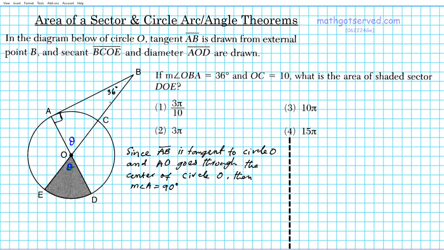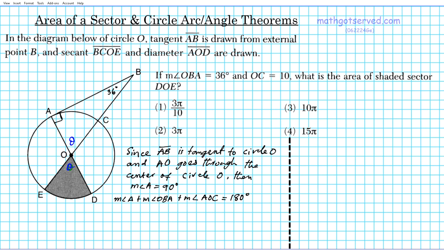Well, we have a triangle with two angles, so we can easily find the third one using the triangle angle sum theorem. So let's write down the formula. The measure of angle A plus the measure of angle B, or we can also call it measure of angle OBA, plus the measure of angle AOC, which is theta, is equal to 180 degrees.